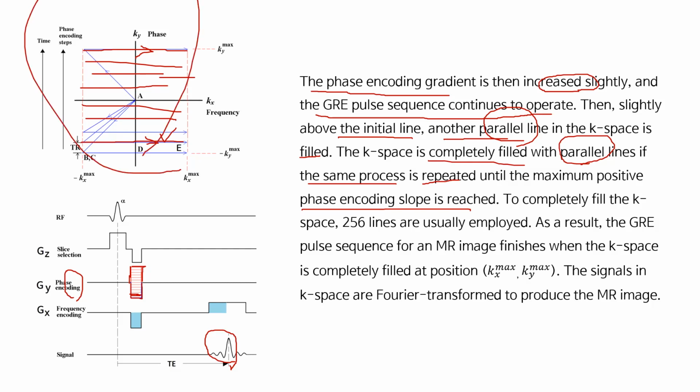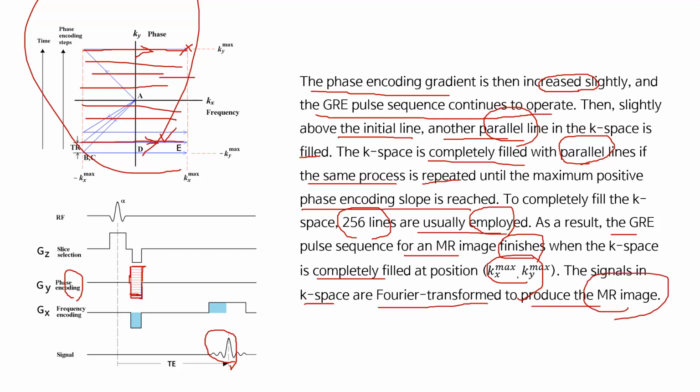To completely fill the K-space, 256 lines are usually employed. As a result, the GRE sequence for an MR image finishes when the K-space is completely filled at this position. The signals in the K-space are Fourier transformed to produce the MR image.